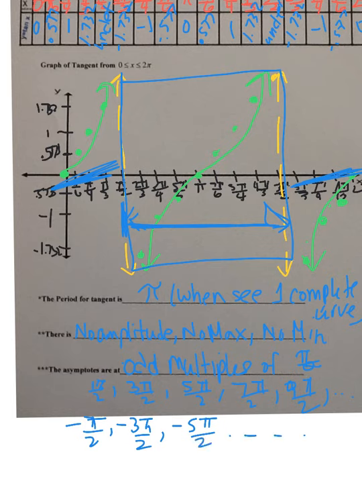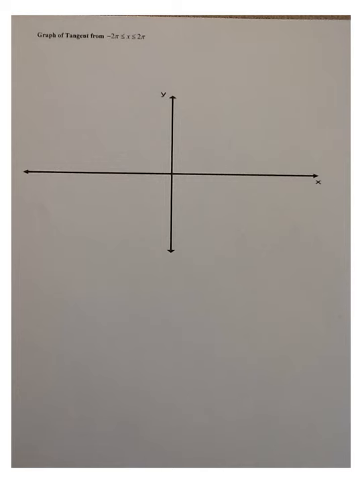Okay, so the next thing I want to do is just graph with you what tangent looks like from negative 2 pi to positive 2 pi. Okay, so you can flip your paper over. So we're graphing tangent from negative 2 pi to positive 2 pi. All right, so my ends are going to be 2 pi and negative 2 pi.